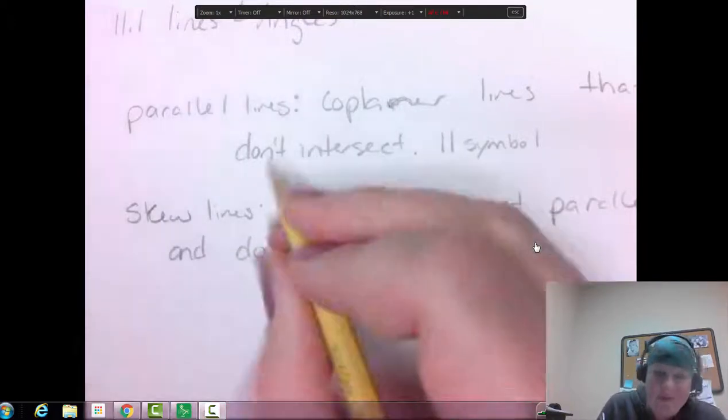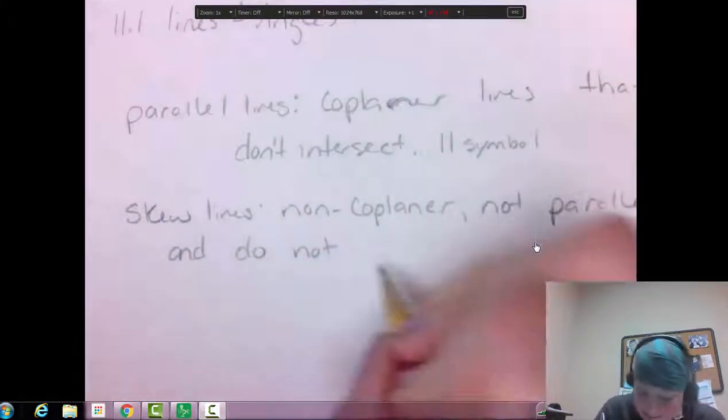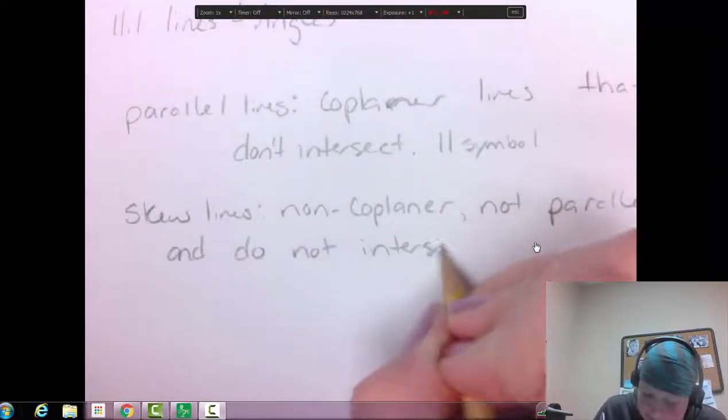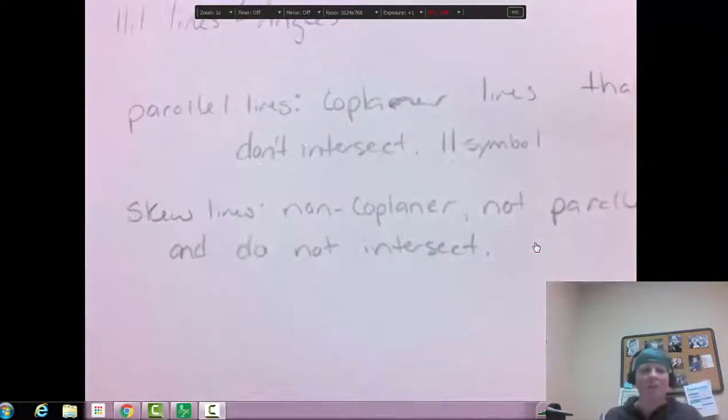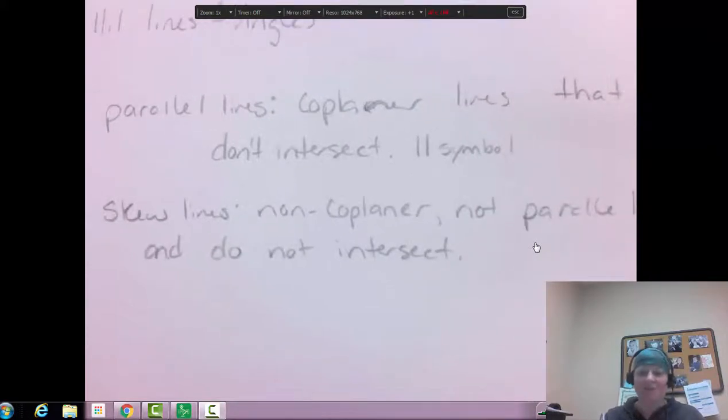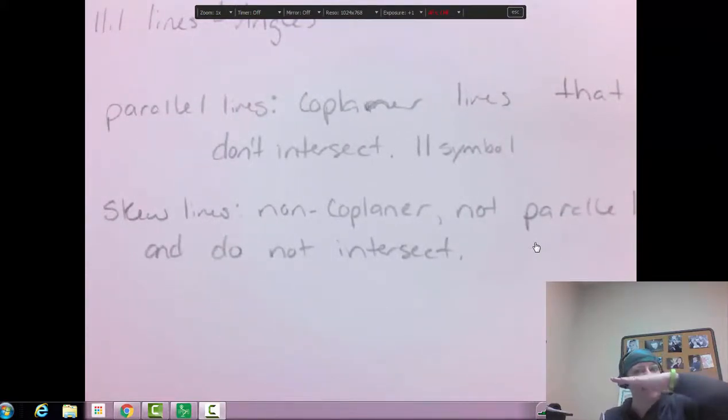I'll draw a picture in just a second. They're not on the same plane, but they don't intersect. So maybe one's on this plane going this way, and the other one's over here on a different plane, and they are never going to intersect, but they're definitely not parallel.